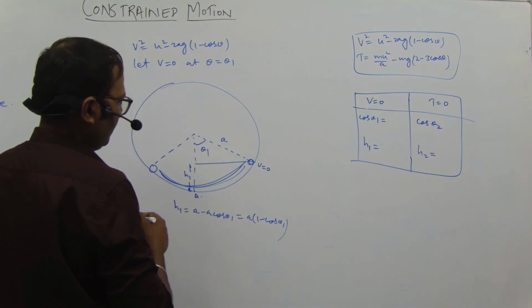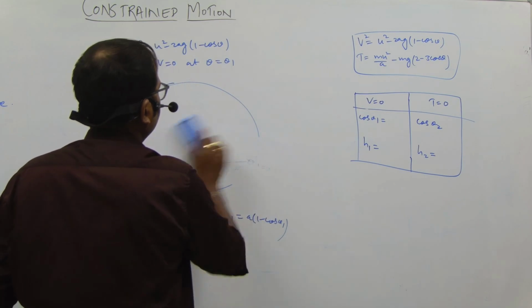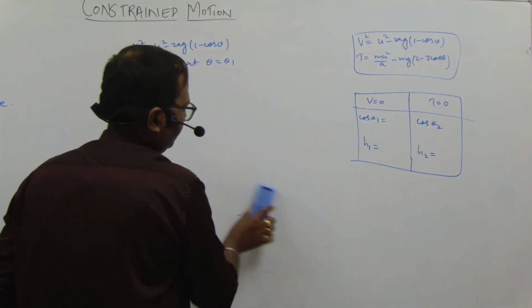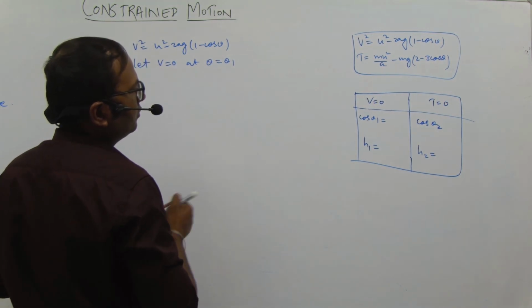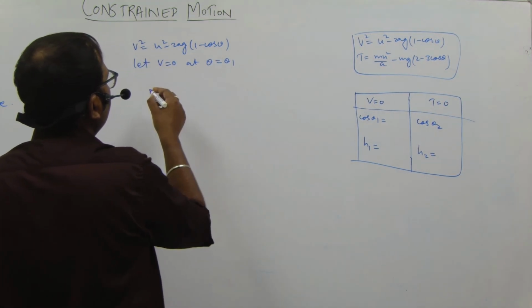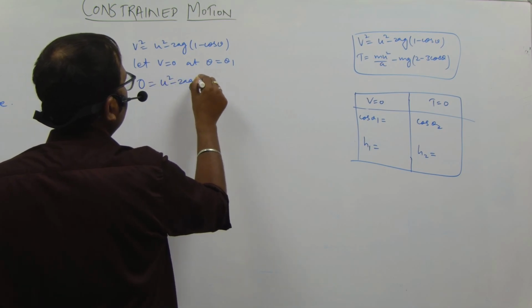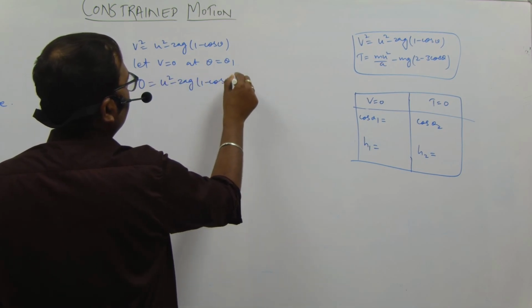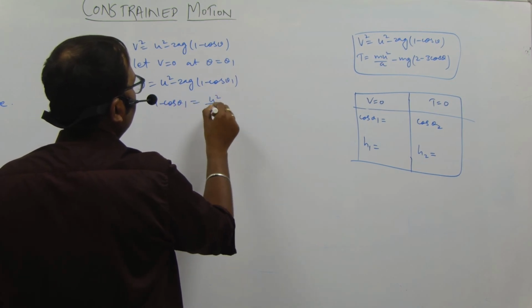Okay, so let us find the value. So v is equal to 0, so let us put 0. 0 is equal to u square minus 2ag 1 minus cos theta 1. Okay, so 1 minus cos theta 1 is equal to u square upon 2ag.